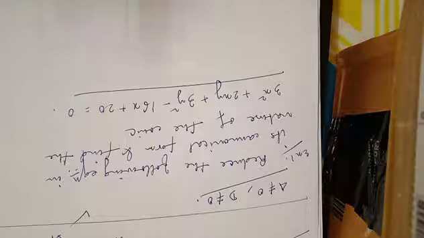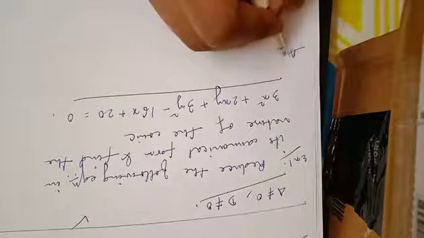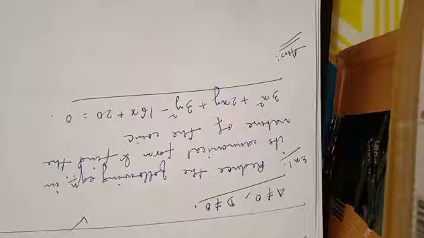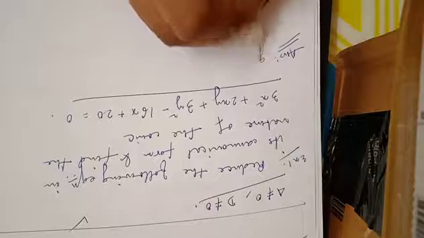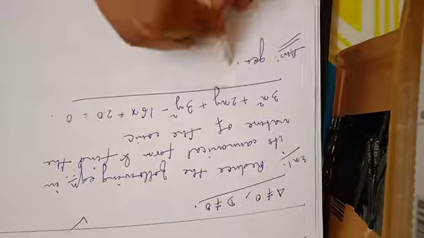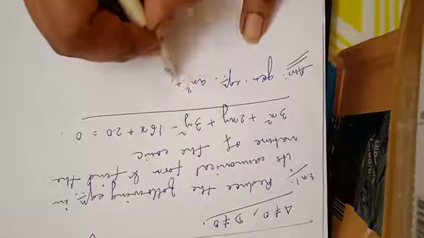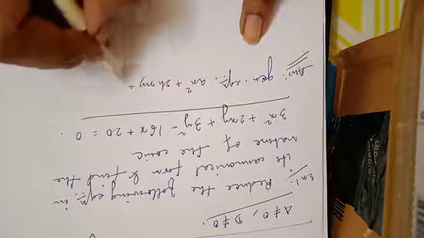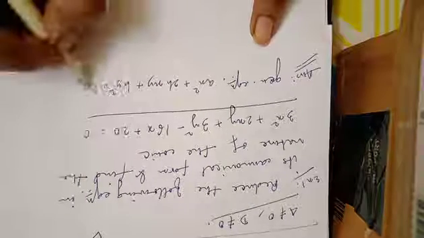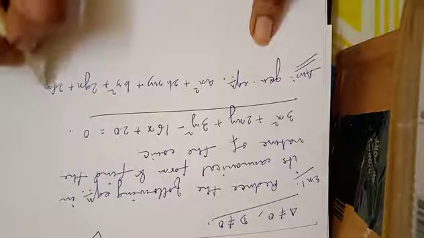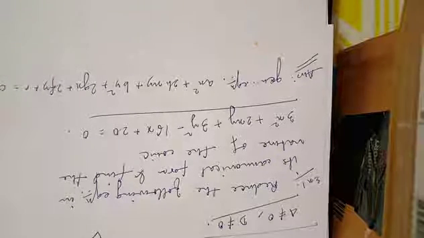So what is the first thing we have to do? At first we have to compare it with the general equation of second degree. Comparing it with the general equation of second degree, which is ax square plus 2hxy plus by squared plus 2gx plus 2fy plus c equals to 0.